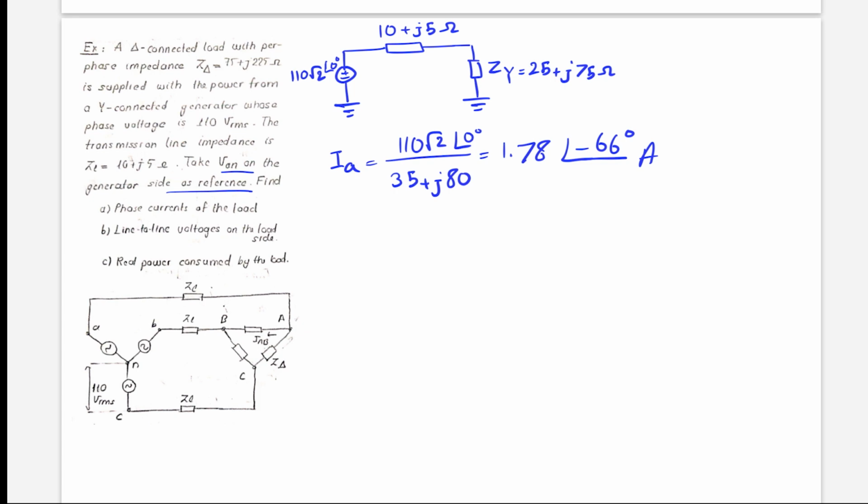Now, what is IAB? Well, we know how to get from this expression to IAB, and once we found IAB, the other ones, IBC and ICA, are much easier to get. We just go minus 120 degrees in the clockwise direction. Okay, this is easy.